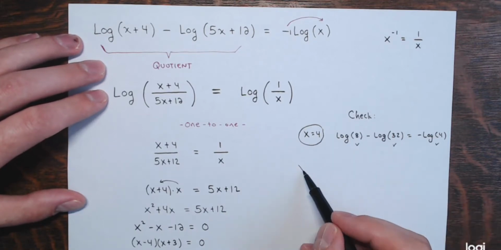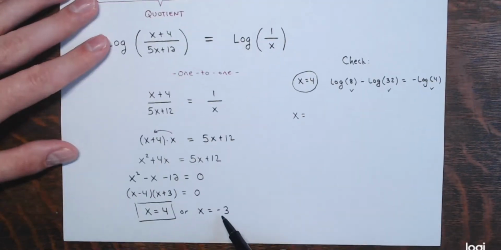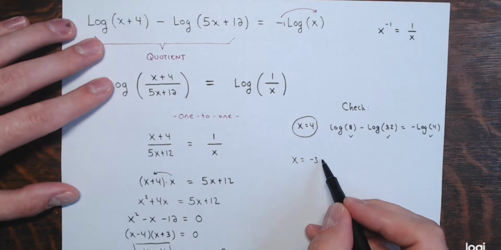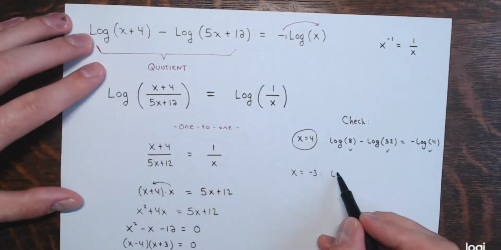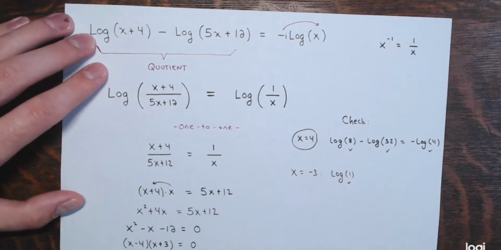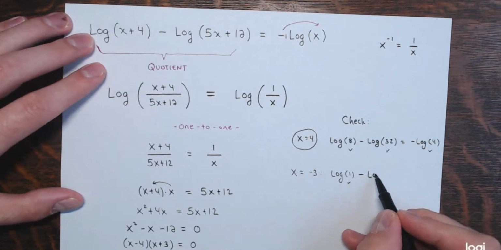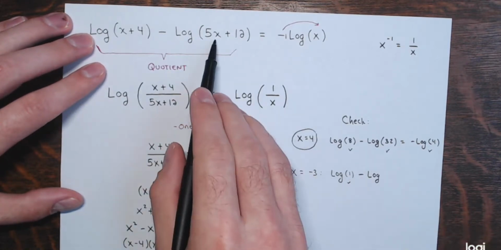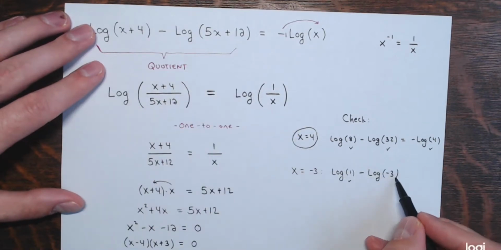And then the other possible solution was x equals negative 3. Well, if I plug negative 3 in for x, we have the log of 1, which is fine. That's okay to do. 1 is a positive number, minus the log. Now 5 times negative 3 is negative 15, plus 12 is negative 3. Uh-oh.